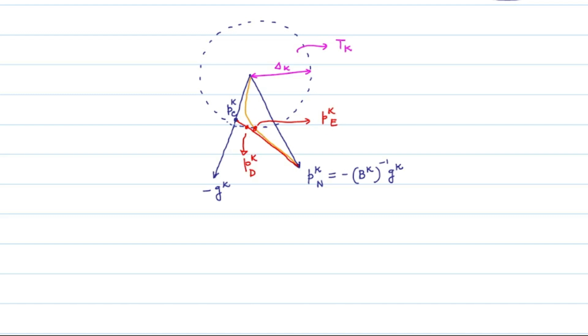From this graph itself we see how close this p_k^D and p_k^E are. This D subscript has a very special significance. This D is for the dogleg technique.